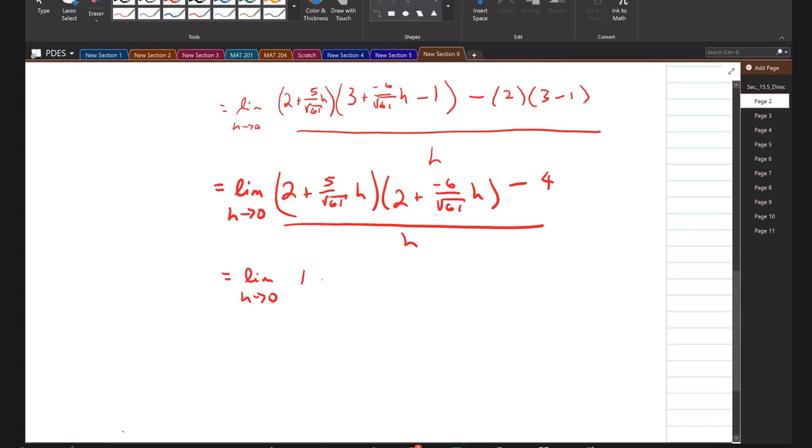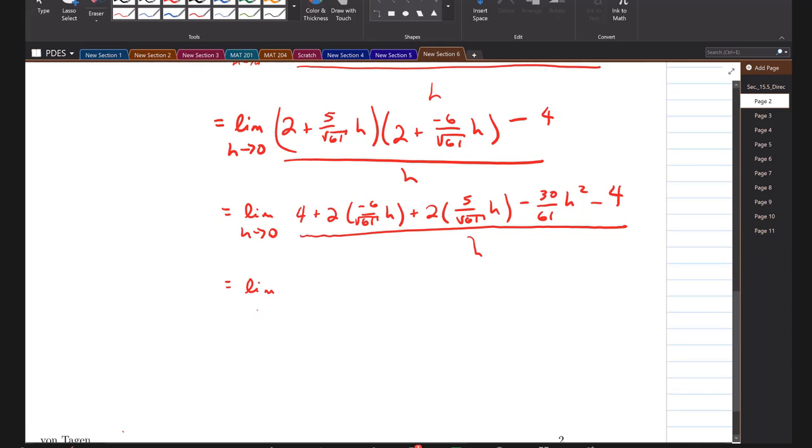This gives me 4 plus 2 times negative 6 over the square root of 61 h, plus 2 times 5 over the square root of 61 h, and then the last term would be minus 30 over just 61, no square root, h squared, minus 4, all over h.